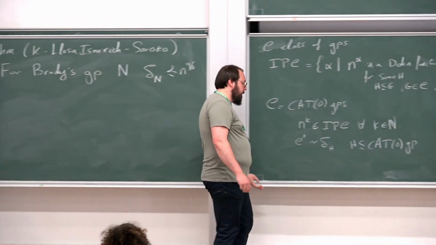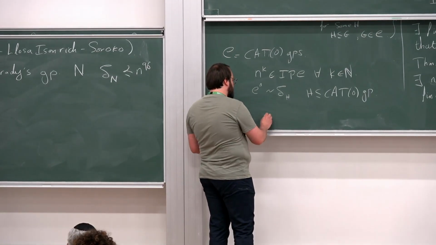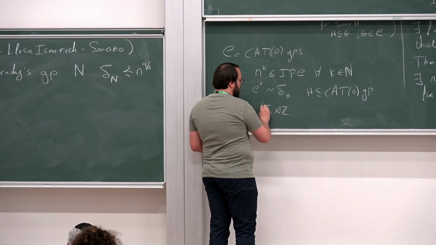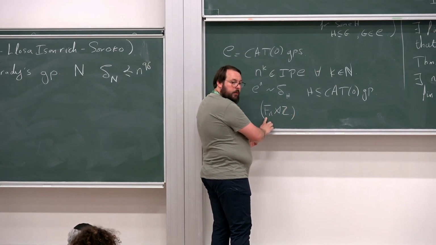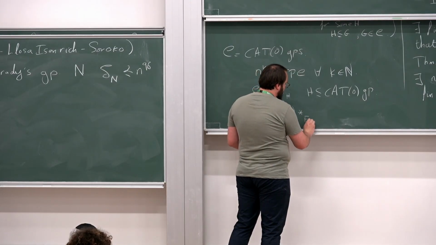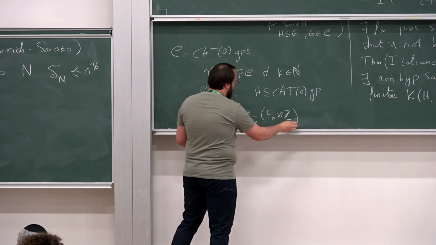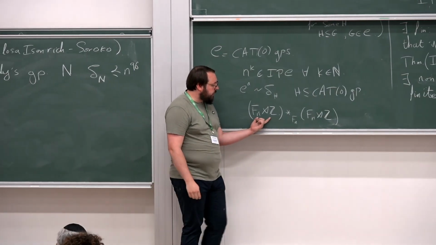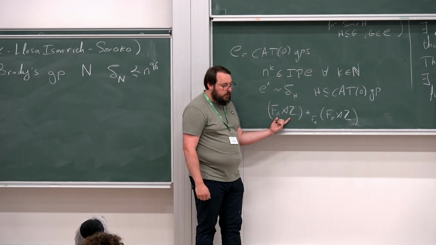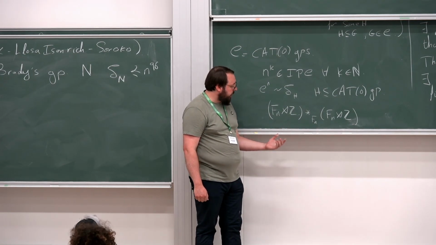One way to do it is to take a hyperbolic group like this, and Hagen and Wise show that it's cubulated, and so with all of the work of Agol and Wise, you get that it's virtually special.